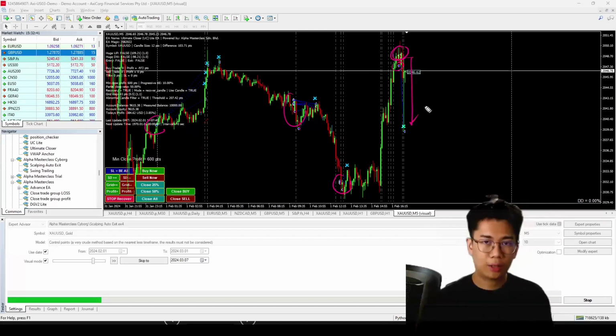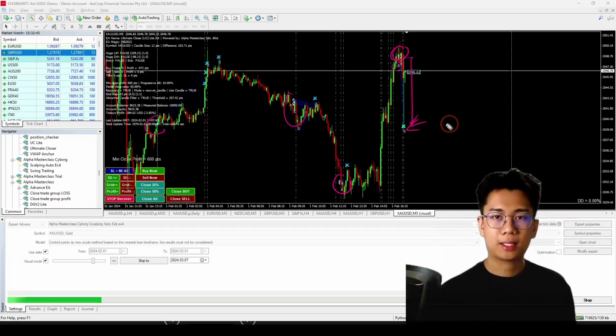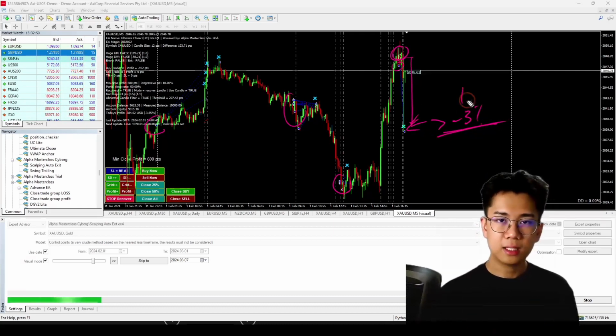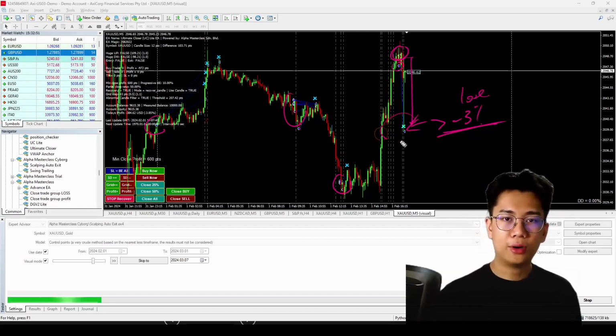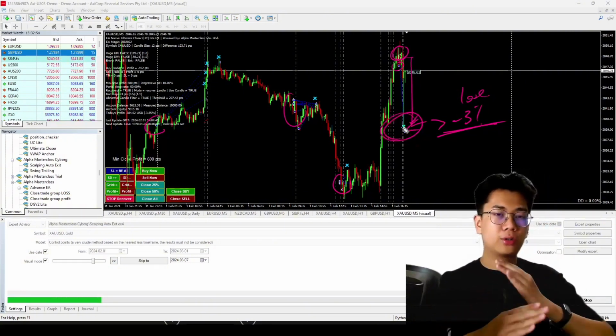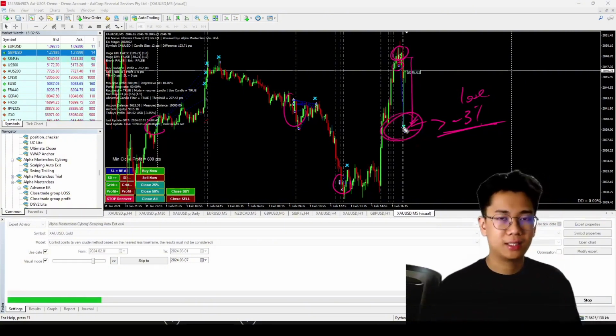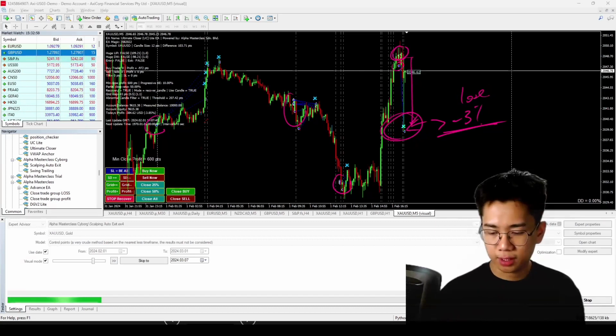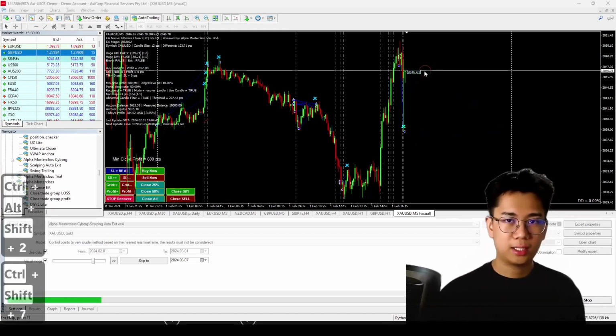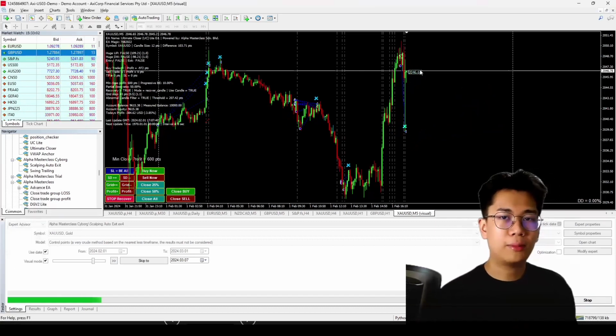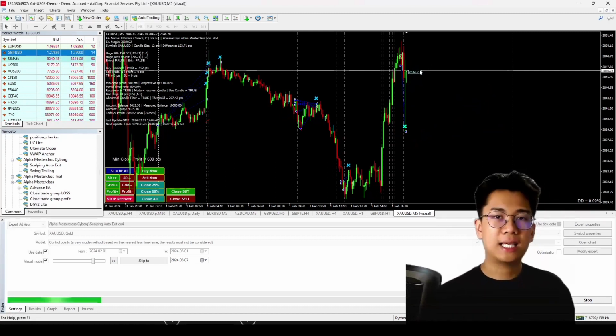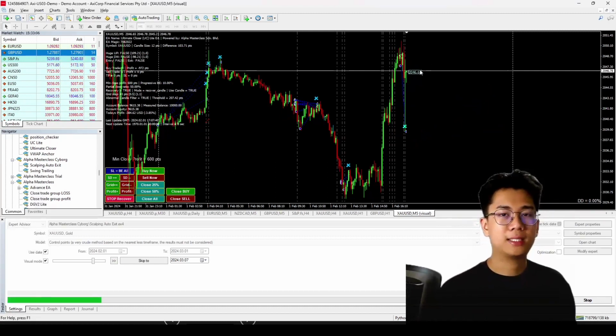A sharp drop until here, my account has lost more than 3%. Hence, the robot will automatically have that cross. Cross stands for close. It closes the trade. After it closes the trade, the robot will automatically disable itself, meaning that it will not do any trade at all.